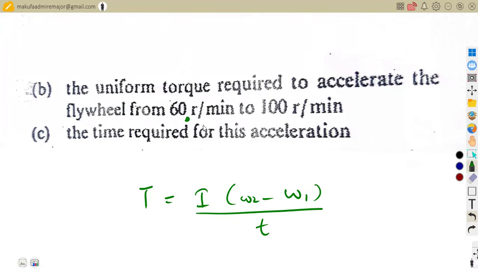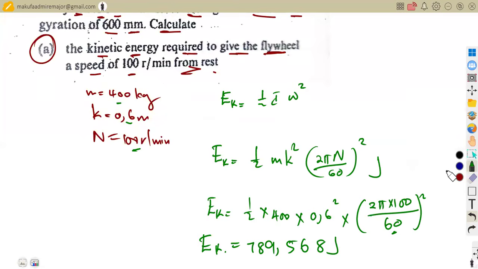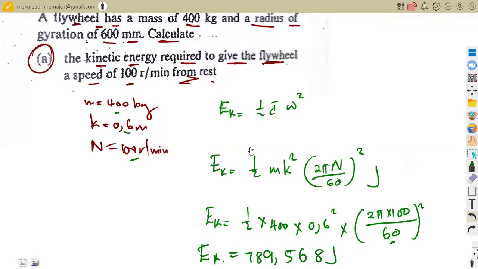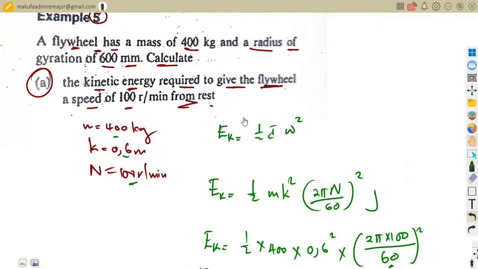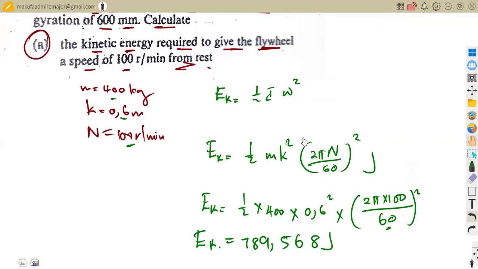And with omega 2, yes, you can find this. But to have t, we must have the angular acceleration, and in this case we do not have any angular acceleration. They actually want you to calculate it later on here.